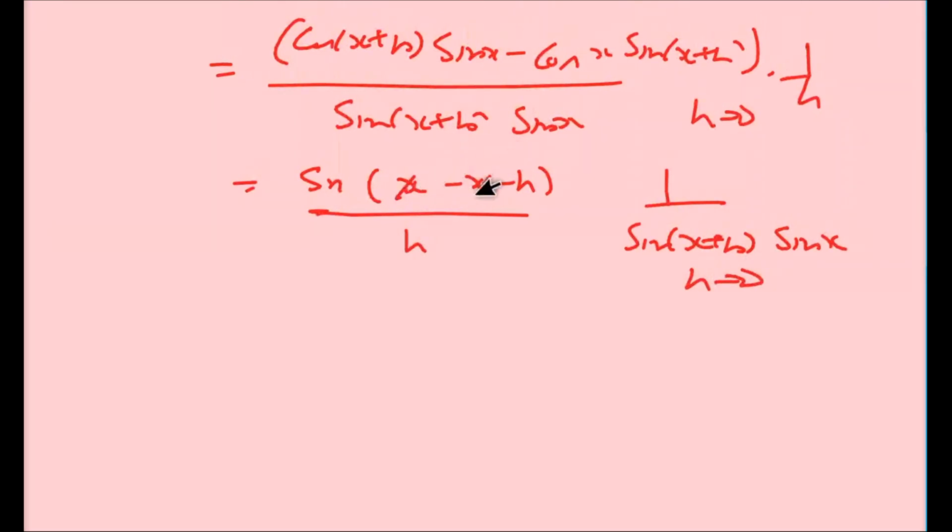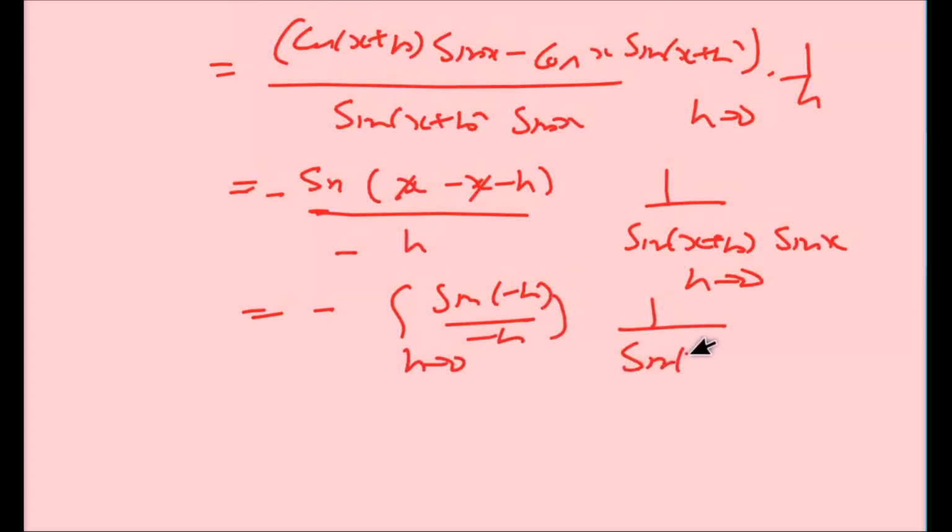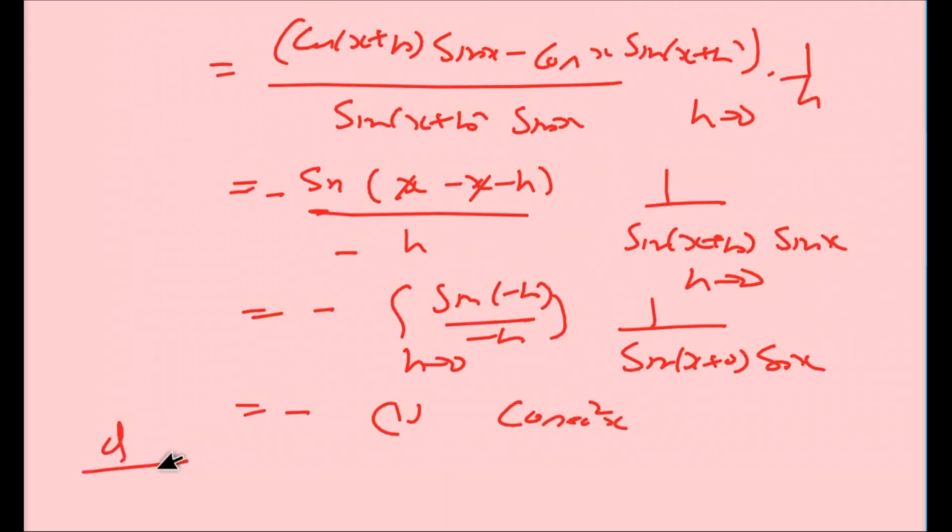This is cancelled and here is minus, so it should be multiplied by minus. We can check sin(minus h) upon minus h, h tends towards 0, is 1. Here it is sin(x plus 0) sin x, so we can write minus 1 into cosec square x. So the differential of cot x is minus cosec square x.